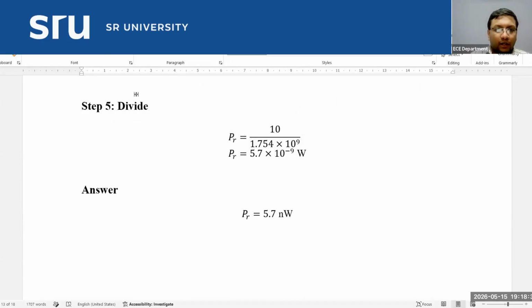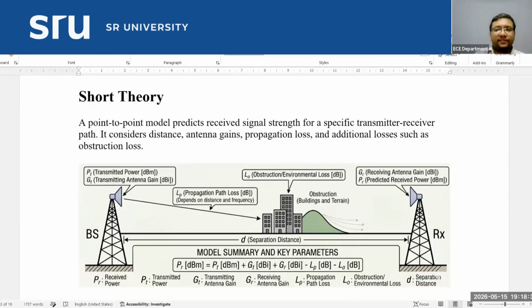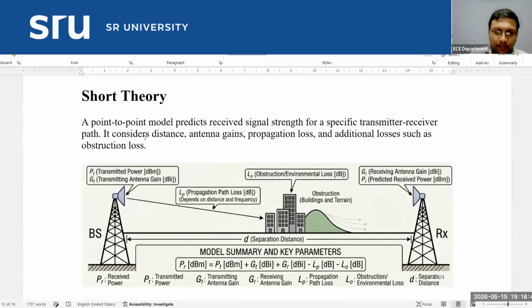Now, the point-to-point model. The point-to-point model predicts the received signal strength for a specific transmitter-receiver path, because when we are designing some system, we use a point-to-point model only for simplicity.